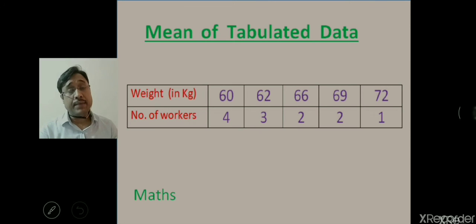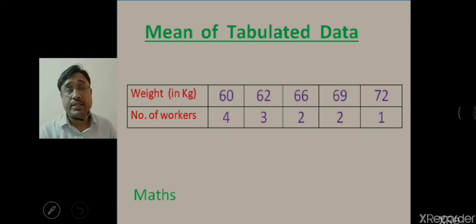Tabulation of data is very important for finding the mean when the data collection becomes large. When it becomes large, it is important to first convert the data into tabulated form.